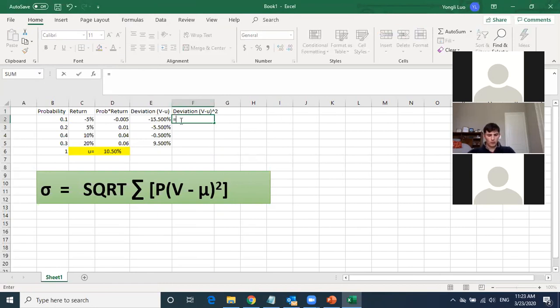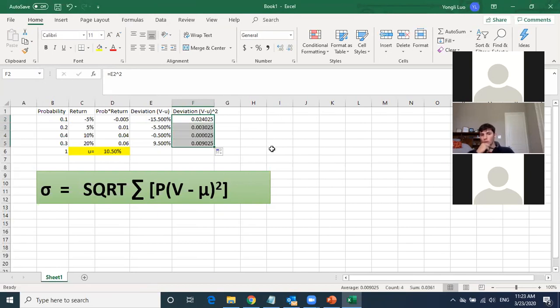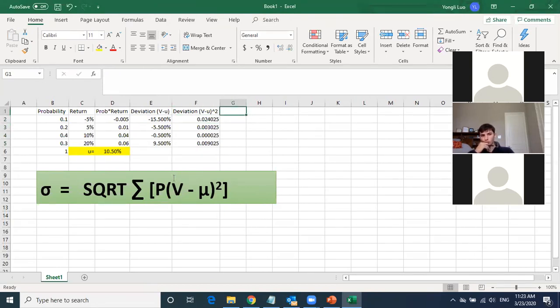So that's going to be the deviation squared. Okay, you square the deviation all the way down. You drag, so you get everything. And so now we already have this part.